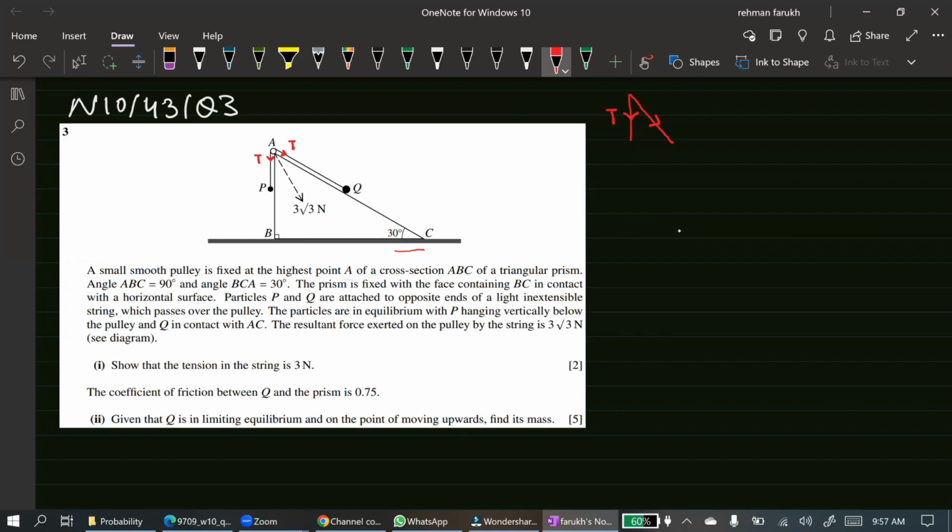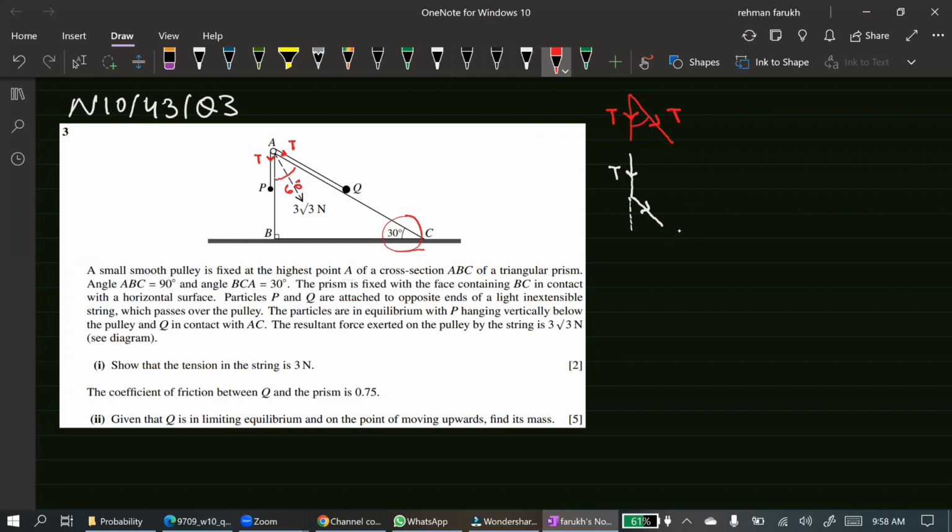Now we will place one force at the head of the second one. This one is the first tension. We will place the tail of the second vector at the head of the first vector. This angle is 60 degrees because this one is 30.